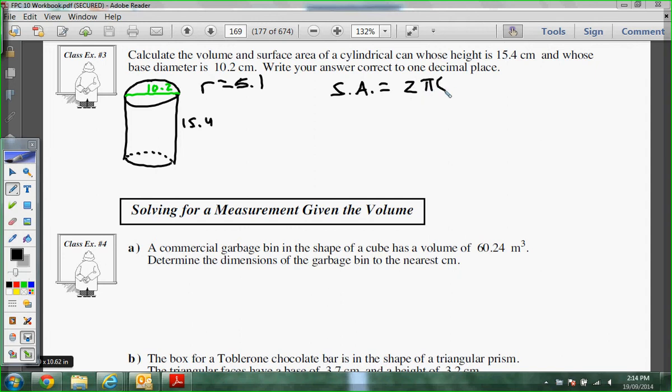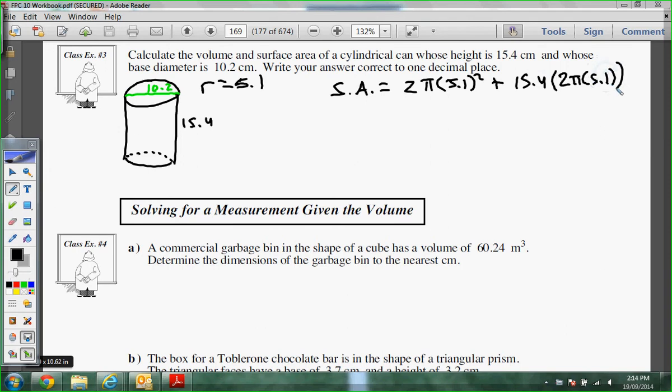Okay, 2 times area of the circle, which is pi r squared, which is 5.1 squared, plus what? The wraparound, which is the circumference times the height. So plus 15.4 times the circumference, 2 pi r, which is 5.1. So here's your calculation set up.